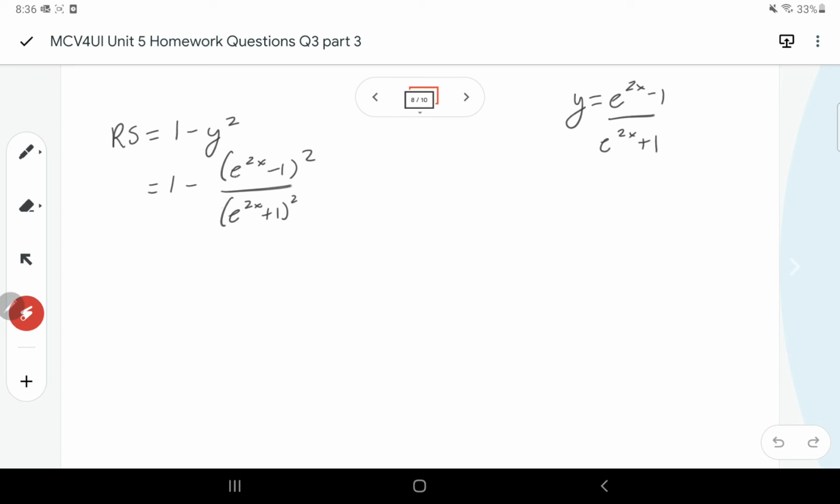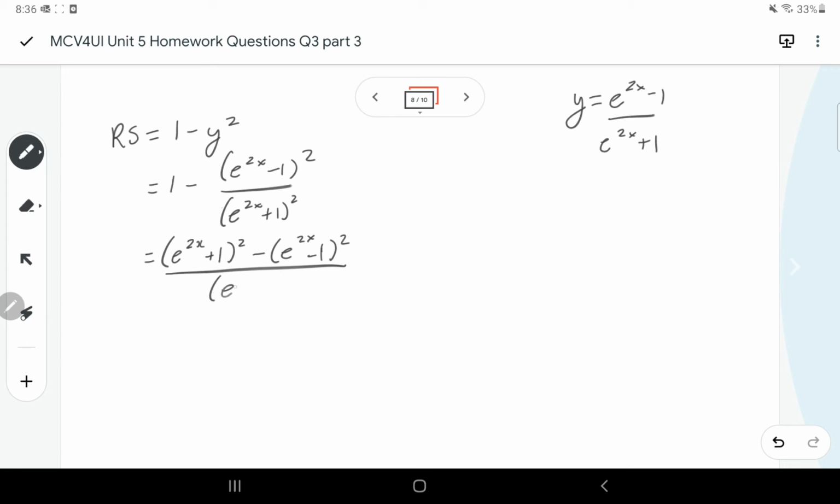I'm going to common denominator that with the 1 out front. So I'm going to say this is e to the 2x plus 1 squared minus e to the 2x minus 1 all squared over e to the 2x plus 1 squared. So now at least I have the denominators equal.